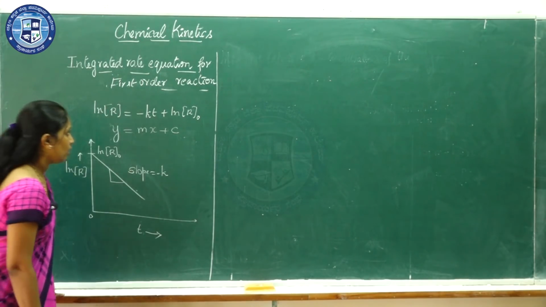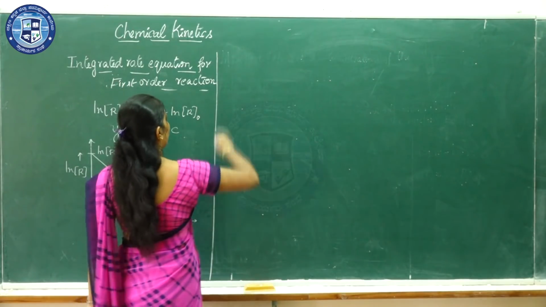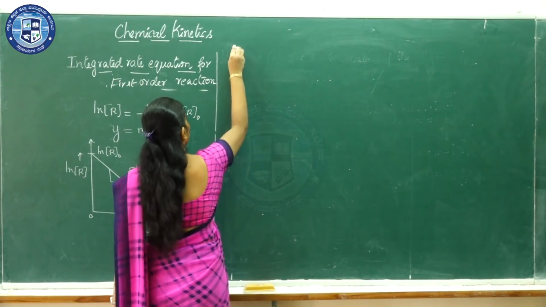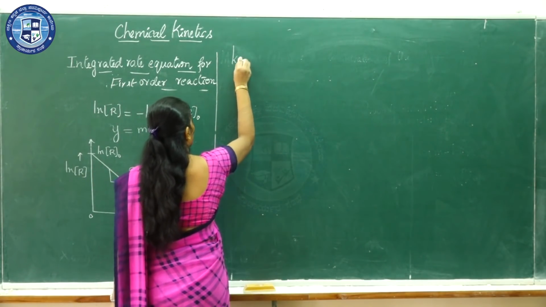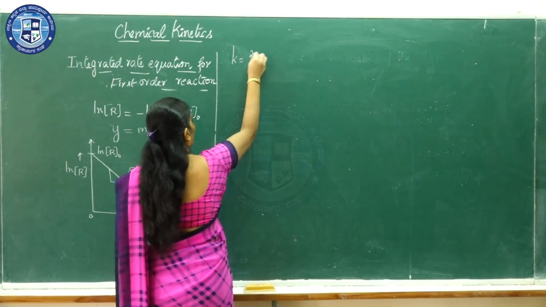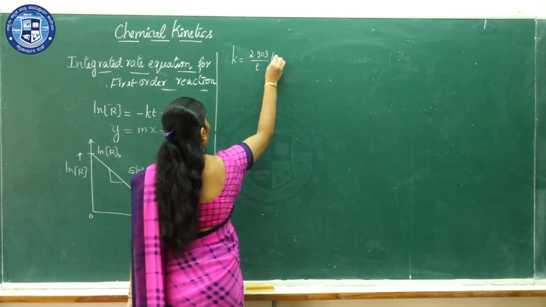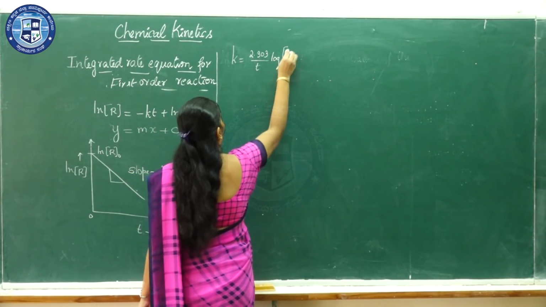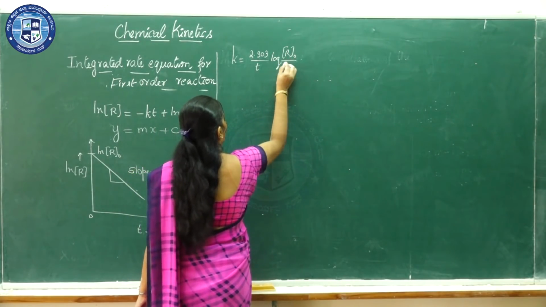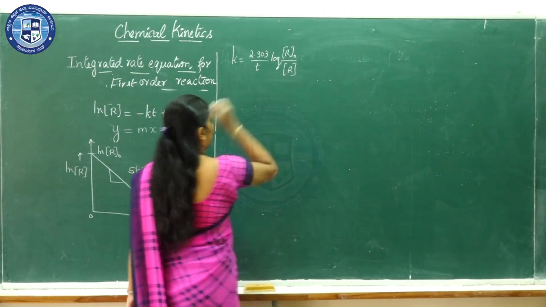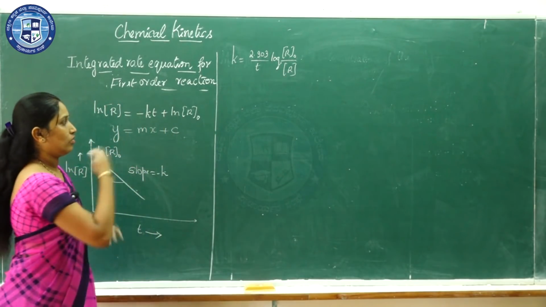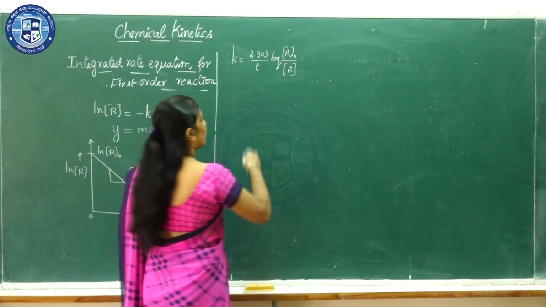Then we will move on to another graph. For that we will need to take this rate constant equation, that is k is equal to 2.303 divided by t log of R naught divided by R. Now, we will do a bit of rearrangement.